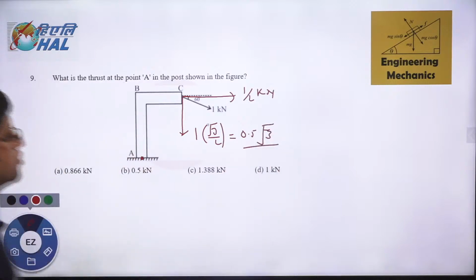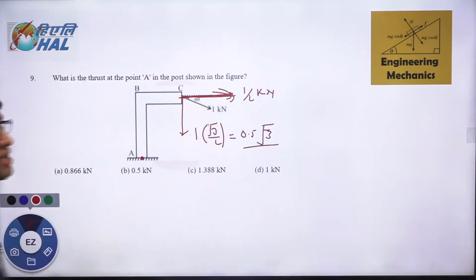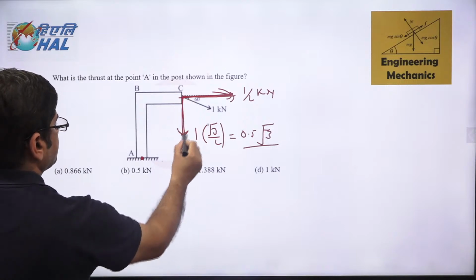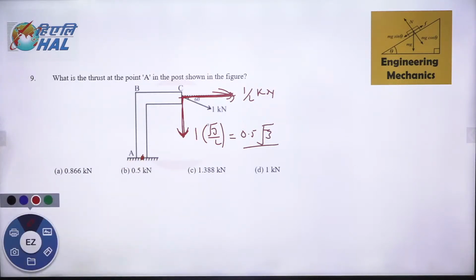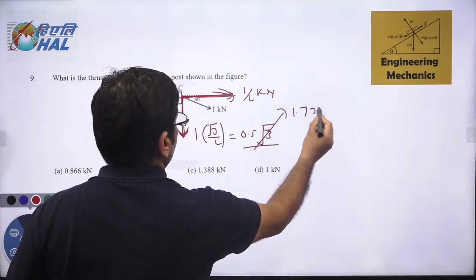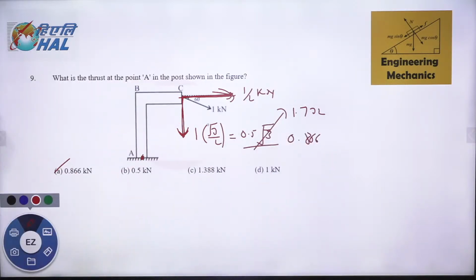So these are the two forces which we have. Now you see this component is not going to produce any thrust, but yes, this component is going to produce the thrust force acting at point A. How much thrust force it is going to produce is this one. This is 1.732, so it comes out to be 0.866 kilonewton. That is the answer. That is the thrust force it is producing.